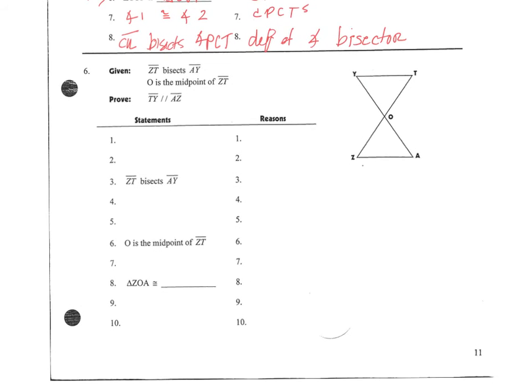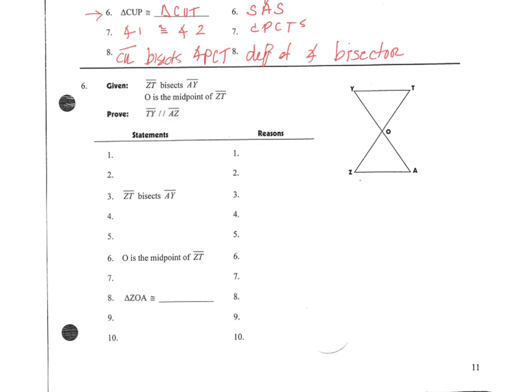That's what we're proving. What we need to do is show that we have either corresponding angles or alternate interior or alternate exterior angles that are congruent. So before we do that, what we want to do is get to step 8, where we have the triangles are congruent.